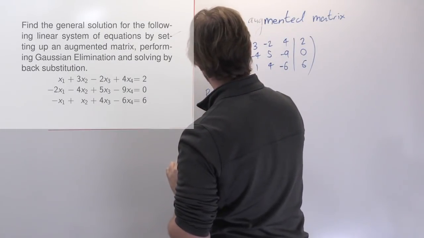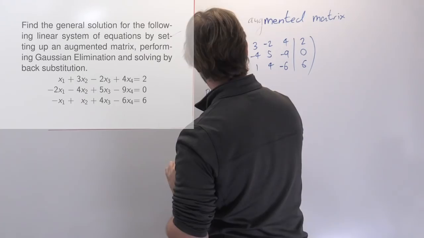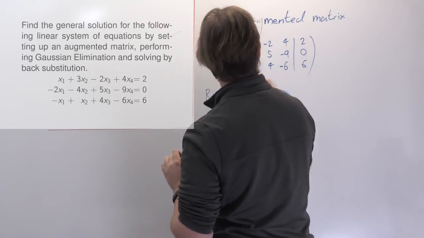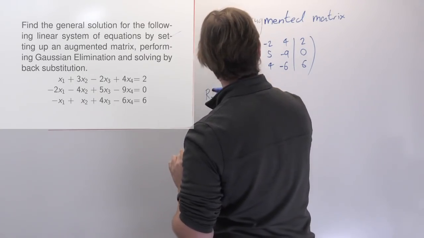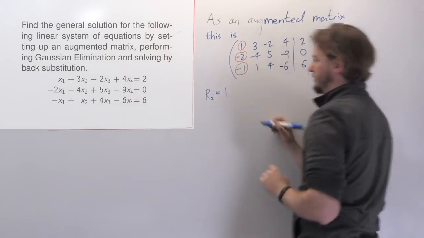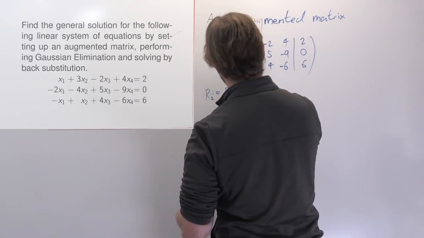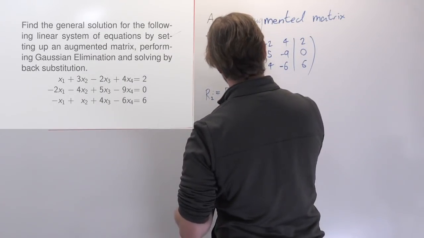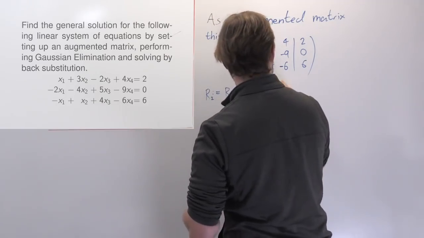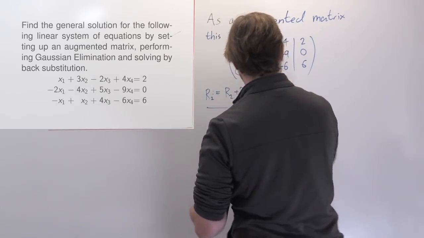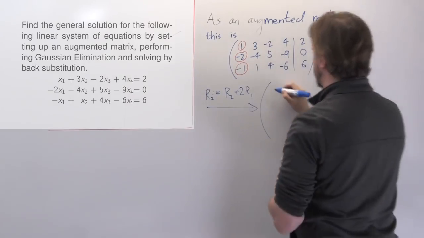So my row operation to begin with is to take row 2 and add twice row 1. Right, so first row does not change.